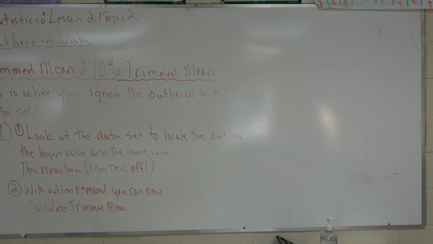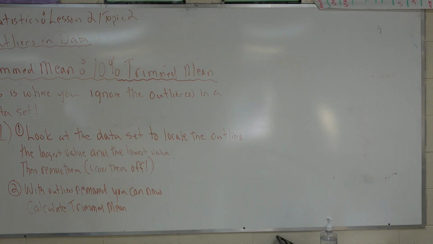You add up all the numbers still in your data set and divide by the total number of pieces of data, which is 18. In this case, it's 1,571 divided by 18, which gives you a trimmed mean of 87.3.